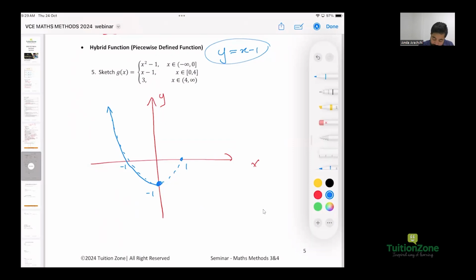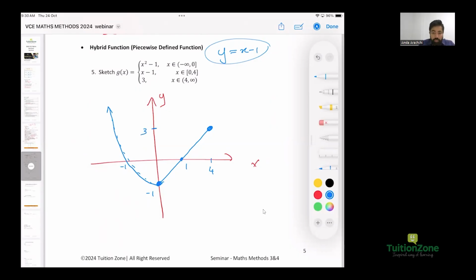So you draw the straight line from here, and it goes only up to x equals 4. Can you figure out what's the y value at the moment? Sub x equals 4 into the second equation. 4 minus 1 becomes just 3.